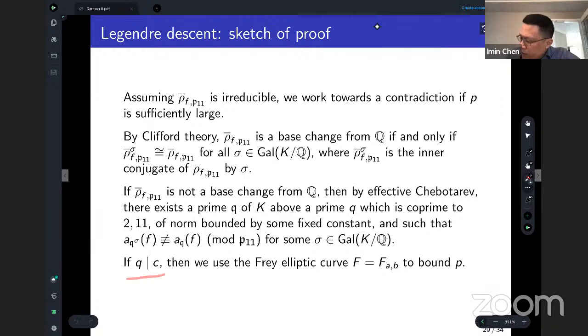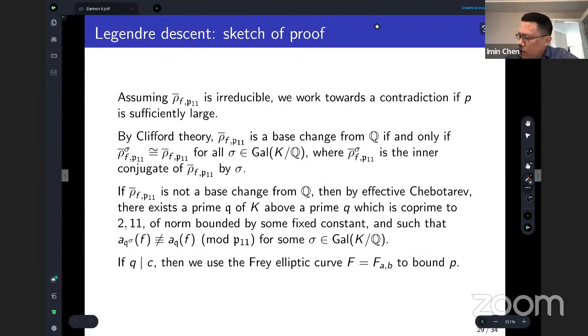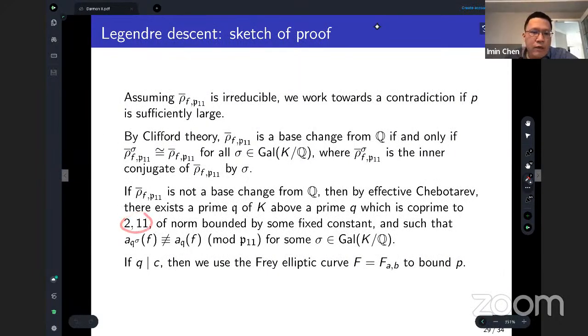So first of all, we need to set things up. If Q divides C, then we saw from a previous result that we can use the Frey elliptic curve to bound P. And that is using a prime Q, which is not 2 or 11.